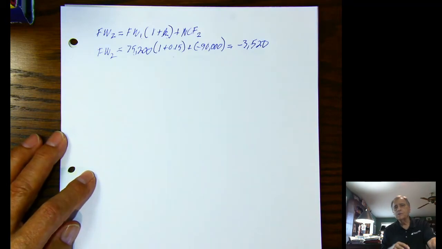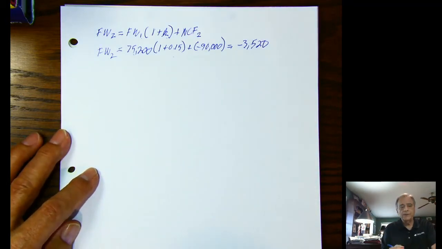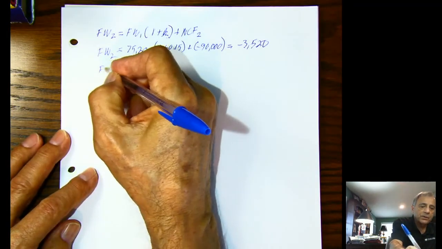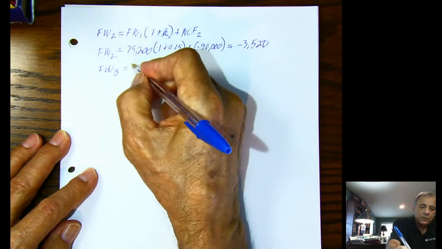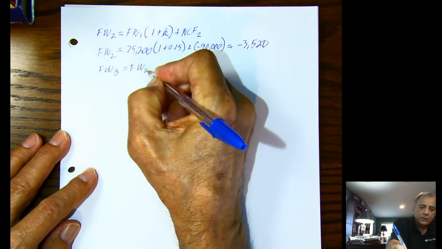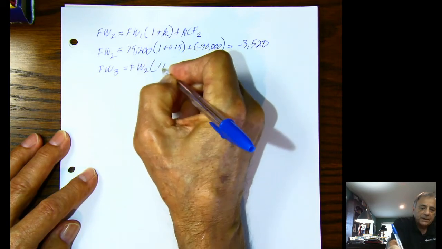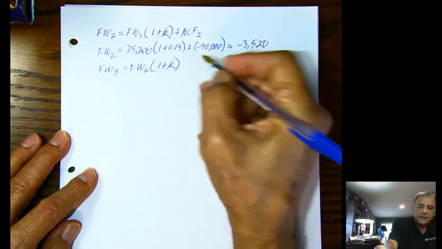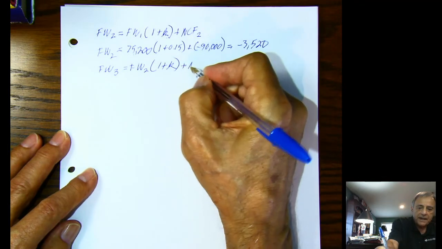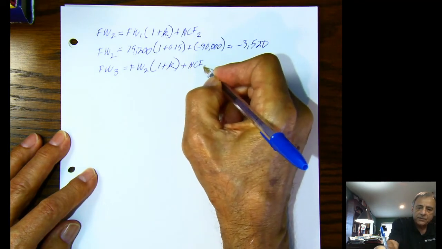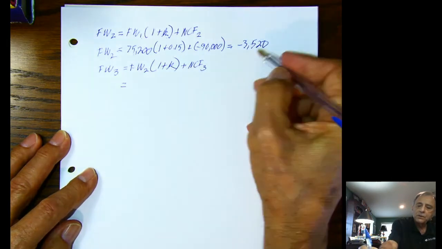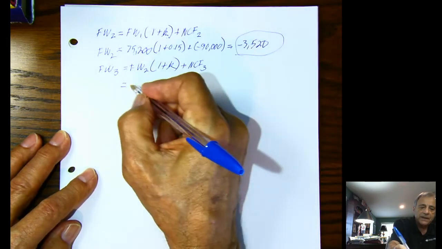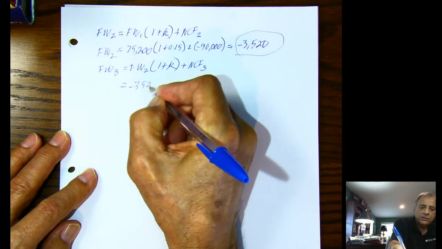So now we're going to go to the third year. The future worth at time 3 equals the future worth at time 2 times 1 plus K plus the net cash flow at time 3. And the future worth at time 2 is negative, minus 3,520.